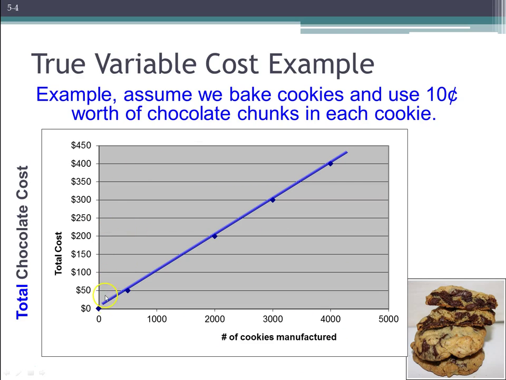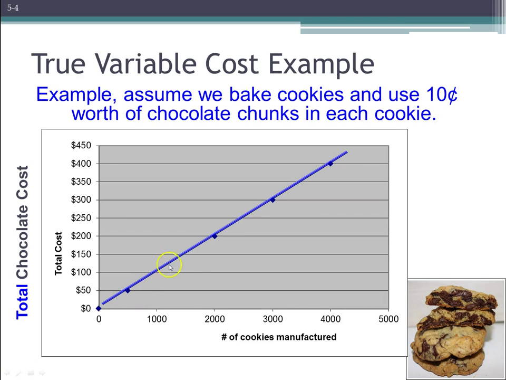What it means is, if we make or bake 0 cookies in 1 month, well, then our total cost of chocolate that we use this month would also be 0. However, if instead we bake 500 cookies, then the total cost would be 500 times 10 cents. Total chocolate cost alone would be $50, and so on.